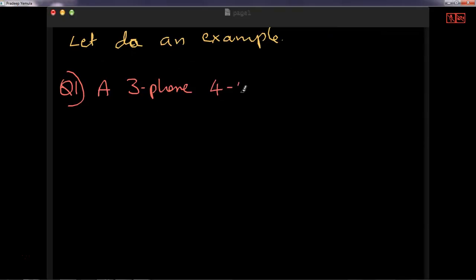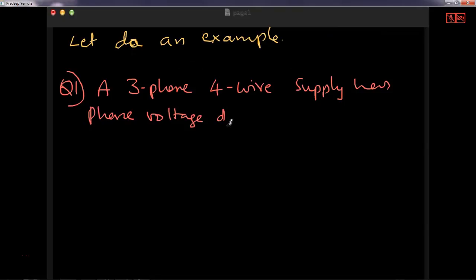A three-phase four-wire supply has a phase voltage of 100 volts per phase. So this is actually a balanced voltage supply.